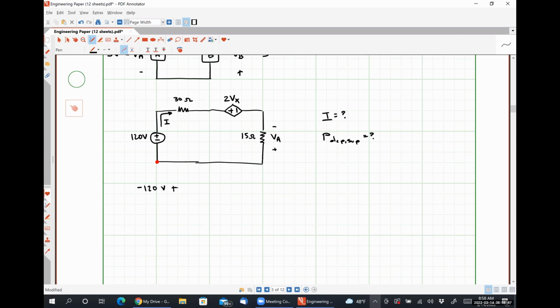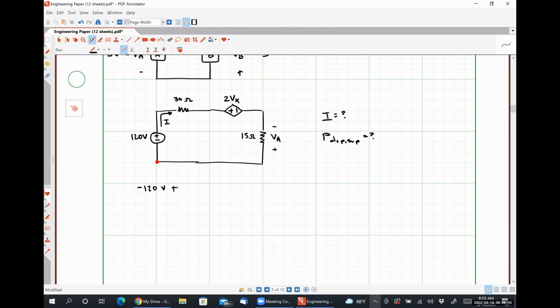Now, for the 30 ohm resistor, we are looking for the voltage drop because Kirchhoff's voltage law says that we can add voltage drops together, okay? So we have to be careful here. We aren't given a polarity for the voltage drop, so we are going to arbitrarily assign one.